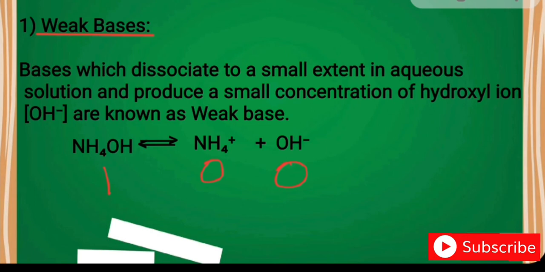After some time only X molecules will dissociate and you will get X mole of ammonium ion and X mole of OH minus ion. So this is the difference between the weak base and the strong base.